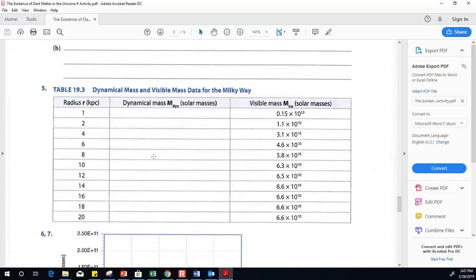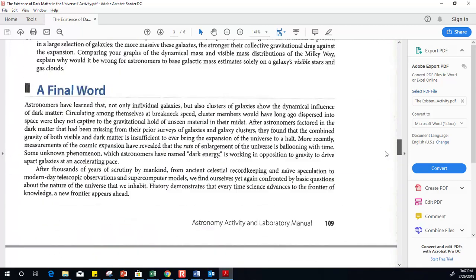On number 5, you have to calculate the dynamical mass in terms of solar masses. How do we calculate the dynamical mass? The formula is given right here.